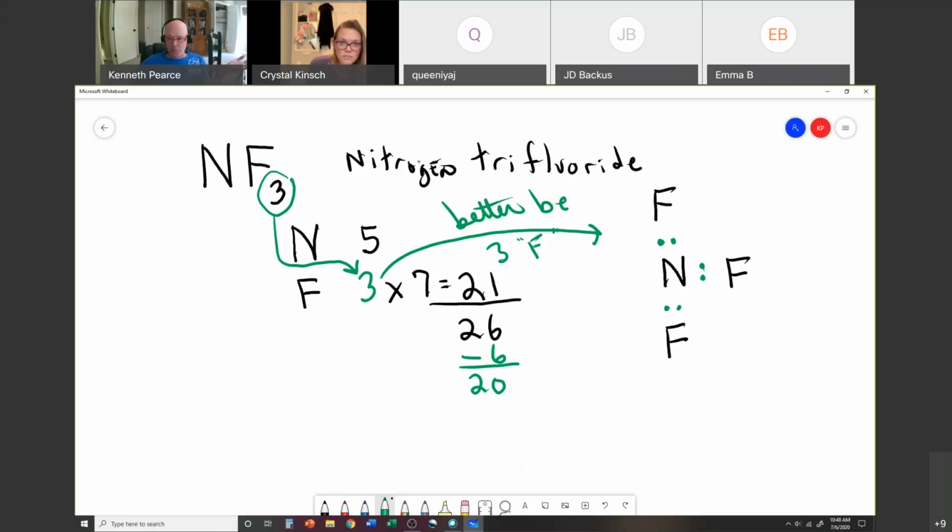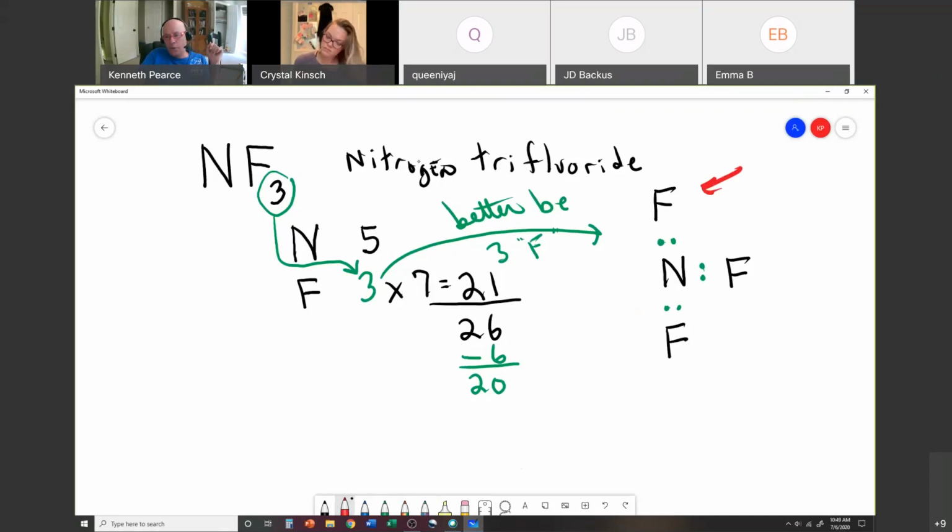It's kind of like when I said in chapter 3, when I was doing molecules and ions, we're putting them together, and I said, don't skip steps because you will regret it. You skip steps here, you will regret it. All right, so now what? How much room do we have on each fluorine?